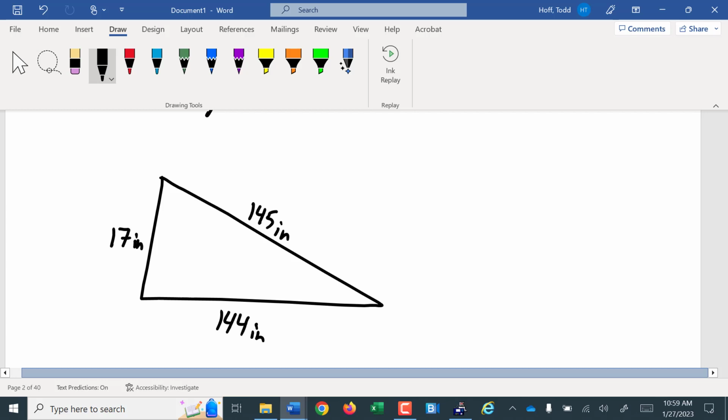So let's look at this. First of all, if this were a right triangle, which side would have to be the hypotenuse? 145. It is the longest side, so it might be the hypotenuse.